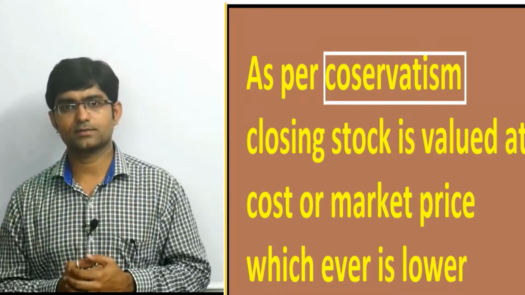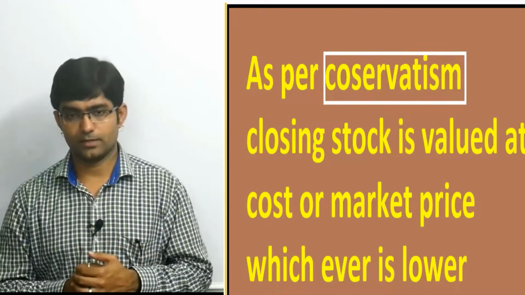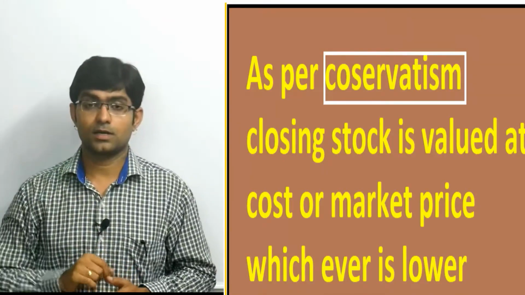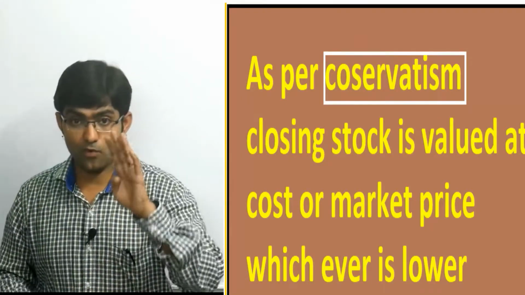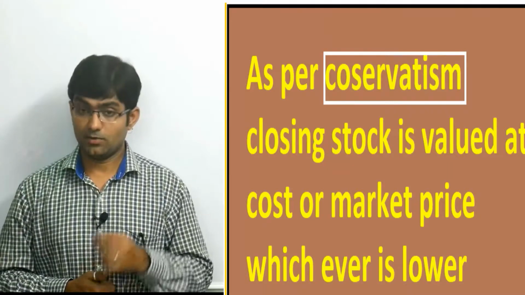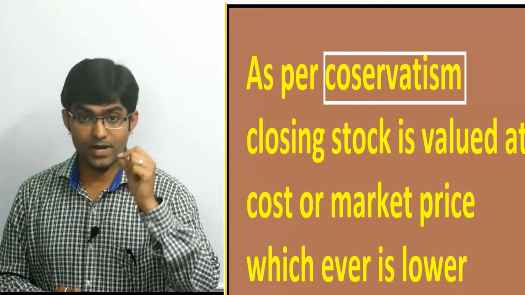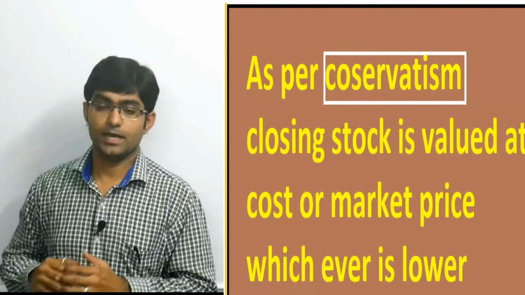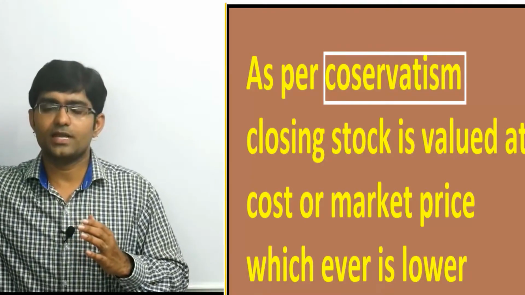Only 4 lakh rupees. Then there is a loss of 1 lakh rupee. So we need to recognize that loss and we need to write the value of closing stock as 4 lakh rupees, not 5 lakh rupees. It means the value of closing stock is following the principle of conservatism. It is recorded as the cost price or market price, whichever is lower.